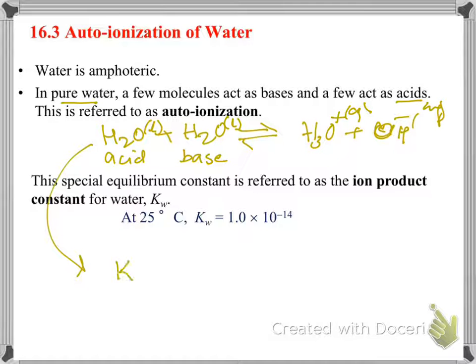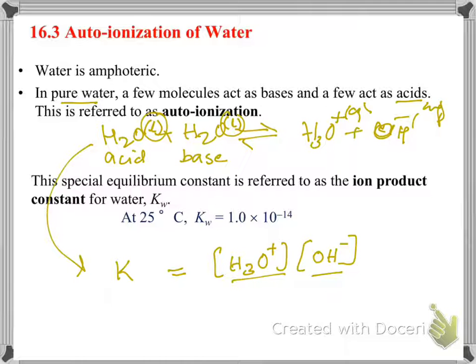If I write down the equilibrium constant expression for that, it is the concentration of products divided by the concentration of reactants. But since the reactant is a liquid, and we do not include solids or liquids in the equilibrium expression, the equilibrium constant for water is H3O plus times OH negative.